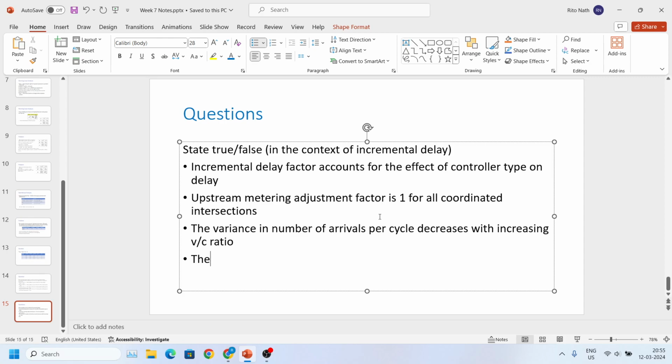I think this is a discussion for next week. But anyway, let's answer these three. See if it was there in the slides.